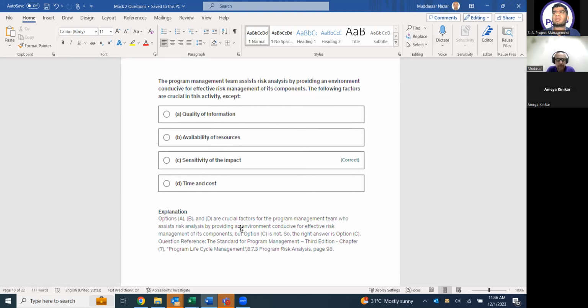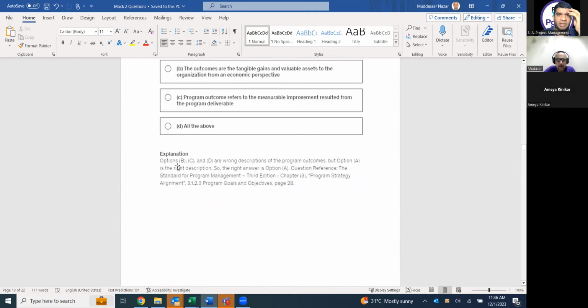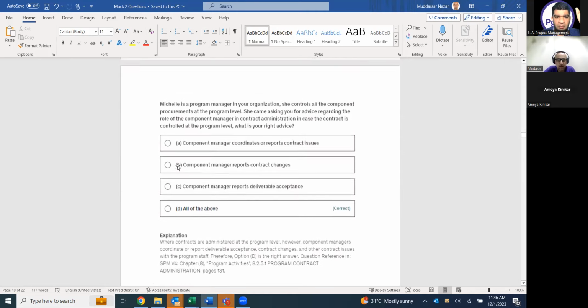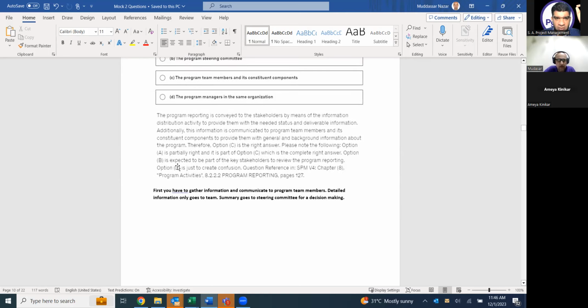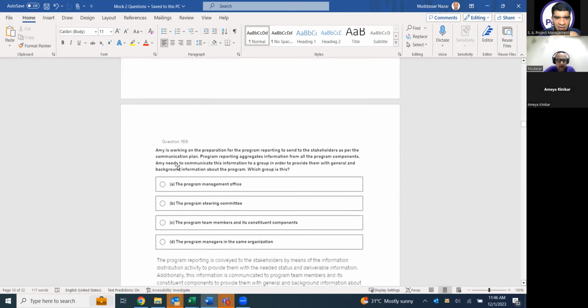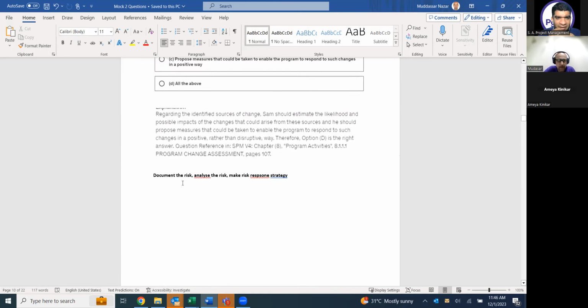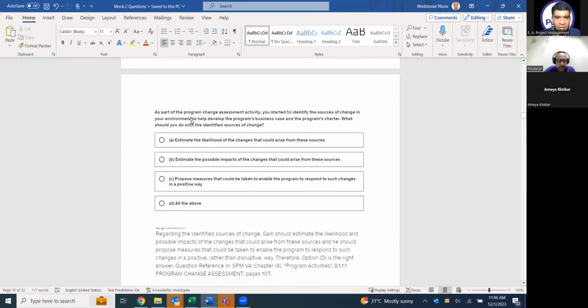We're not talking about sensitivity of the impact, it's the measure of the impact. Go up. We had one question on probability and impact. We are not measuring the sensitivity of impact. When we were talking about change, there was one question about the risk. It's the possible impact, but it's not sensitivity of the impact.